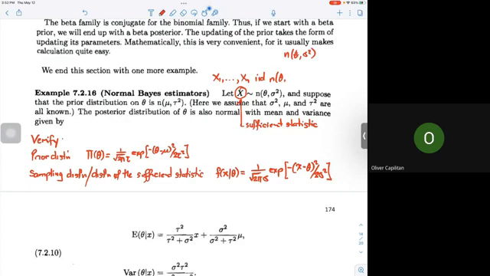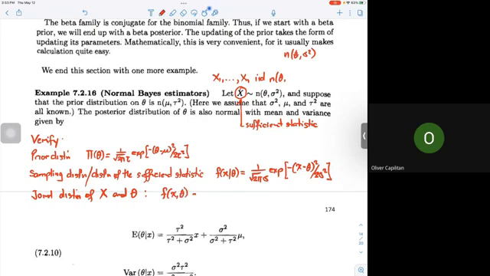Okay, so meron na tayong prior, meron na tayong distribution of the sufficient statistic. So hahanapin natin yung joint distribution of x and theta. So we have here f of x and then here theta.